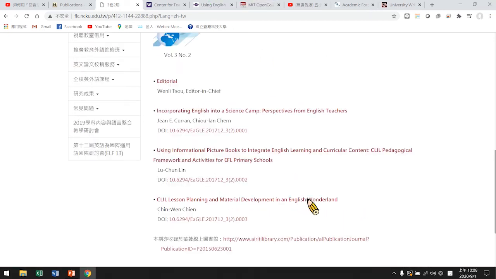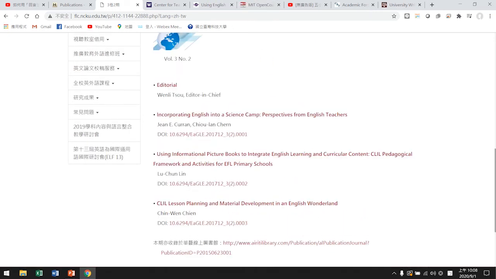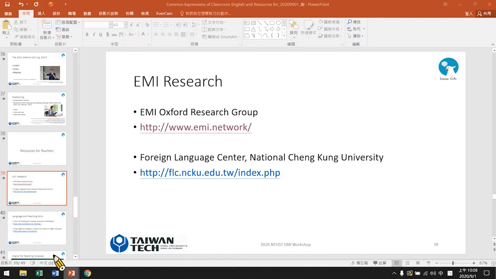Although I have to say, this journal or this book is more oriented to primary or secondary teachers. But I think some of the skills are also useful, right? Okay. All right, so these are the resources for EMI research.